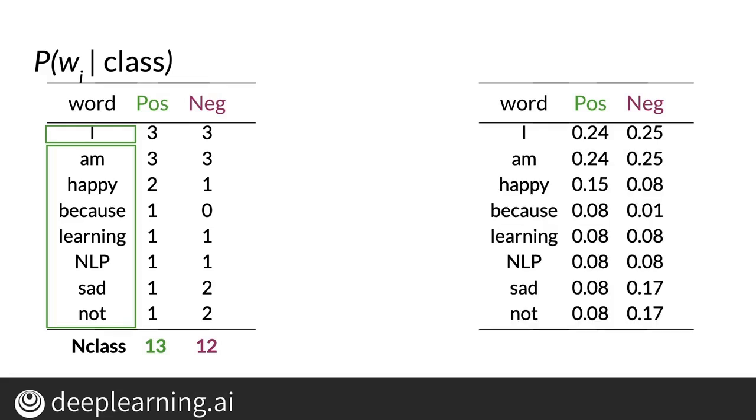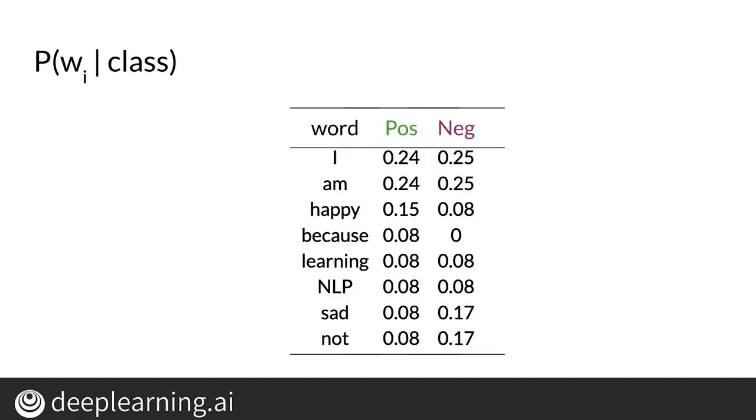One key property of this table is that if you sum over all the probabilities for each class, you'll get 1. Let's investigate this table further to see what these numbers mean. First, note how many words have a nearly identical conditional probability, like I, am, learning, and NLP.